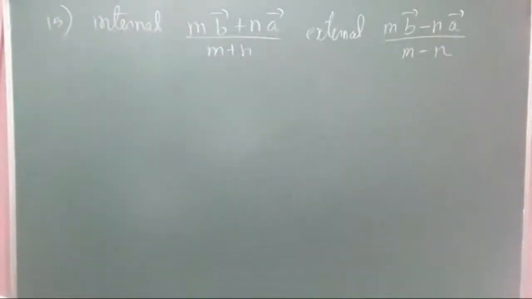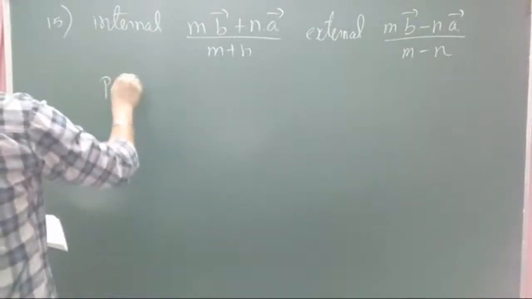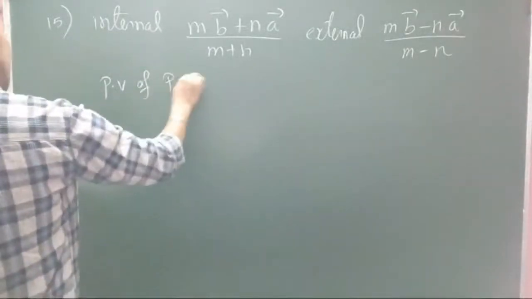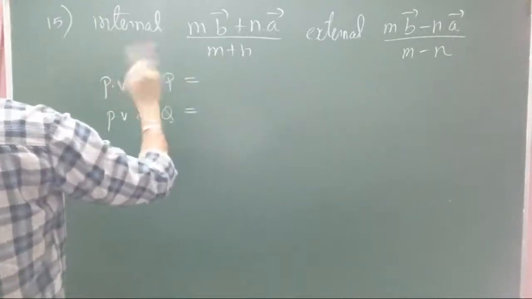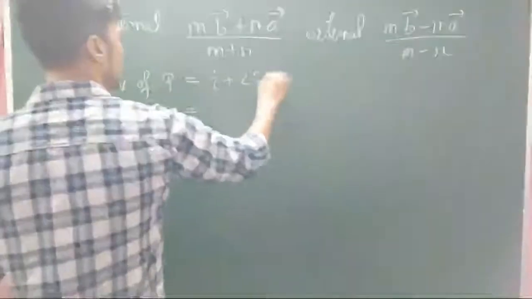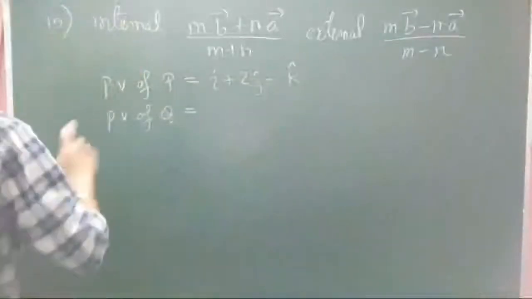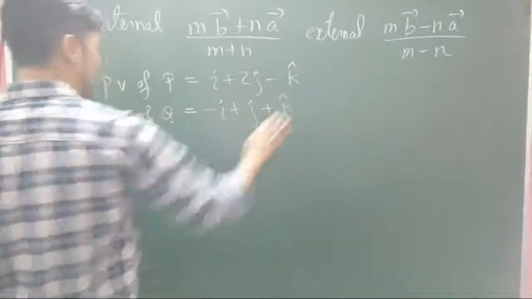So you can just write down directly for the first one: find the position vector of R. Position vector of P is given and position vector of Q is given. Position vector of P is given as i plus 2j minus k, and position vector of Q is given as minus i plus j plus k respectively.